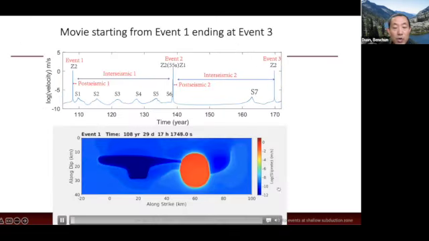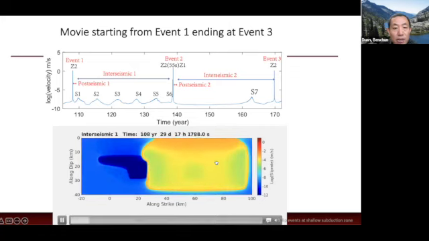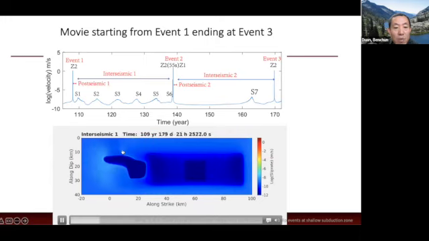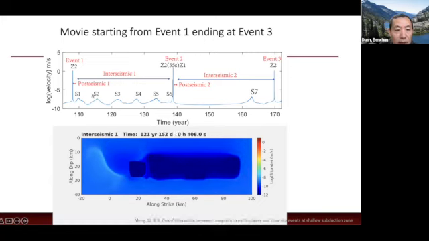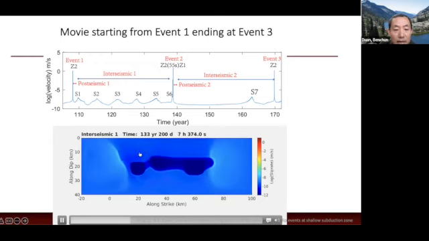And this is a movie to show that. This is event 1, which ruptured both Z2 and also Z1, or only ruptured Z2. And now you have this SSE. Suppose this is interseismic, but the SSE, probably the second one, third one, tries to load this Z1 asperity.